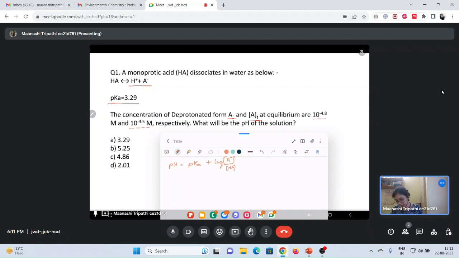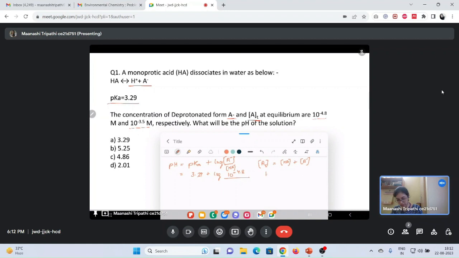Then pKa, what is given? 3.29 plus log. What is A? It is 10 raised to power minus 4.8 divided by, we are given AT. So AT is equal to HA plus A negative, and what we need here is HA.